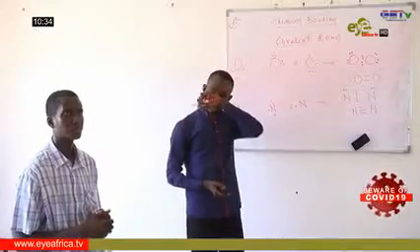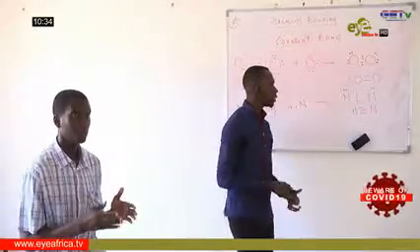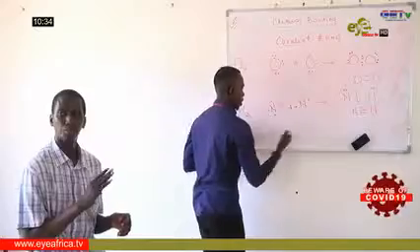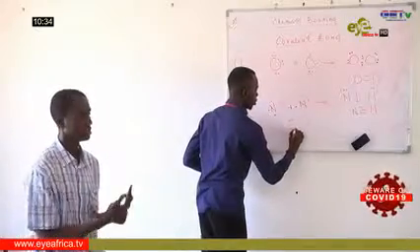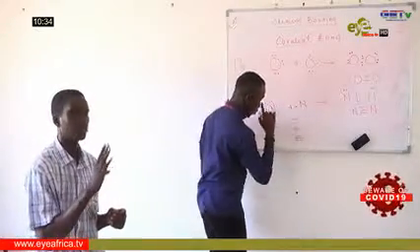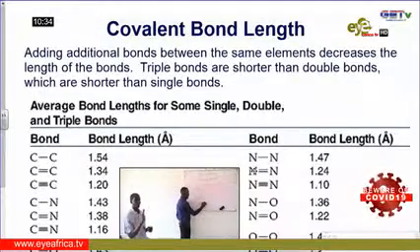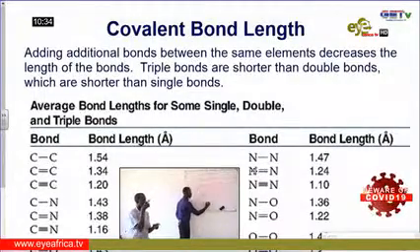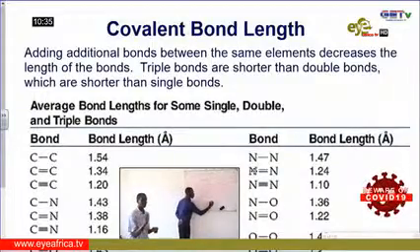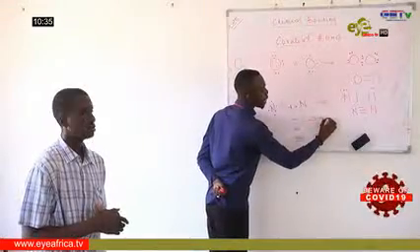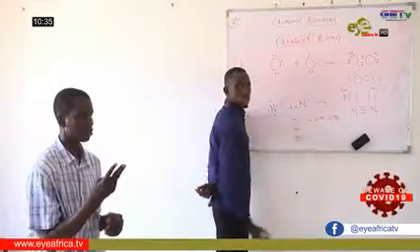Now we also have bond length. That is, we have single bond, double bond, and also triple bond. So you see, single bond is longer than double bond. Double bonds also are longer than triple bonds.